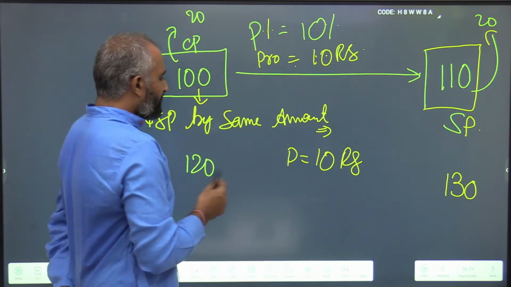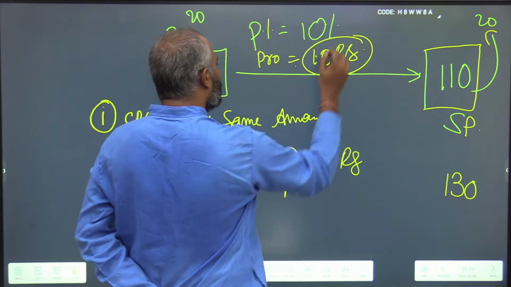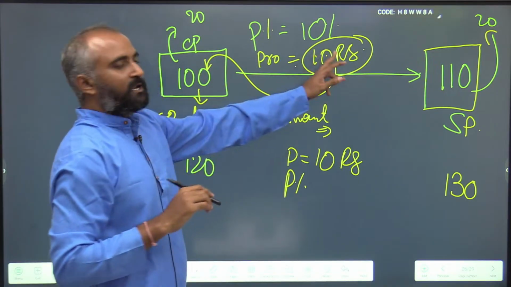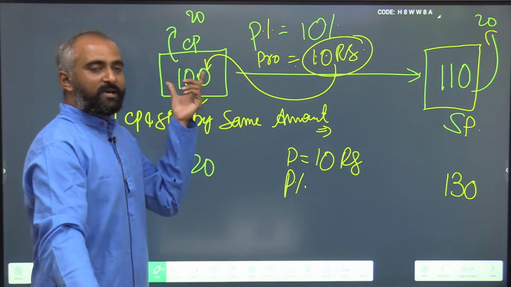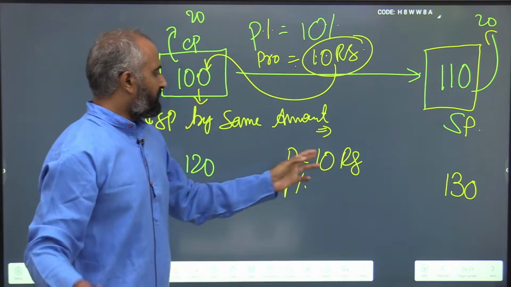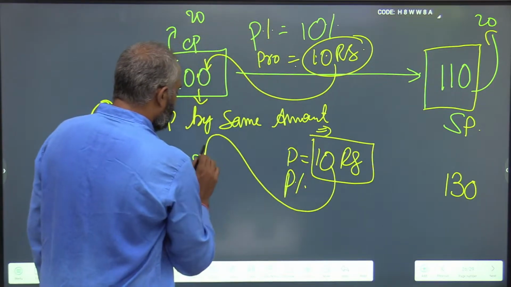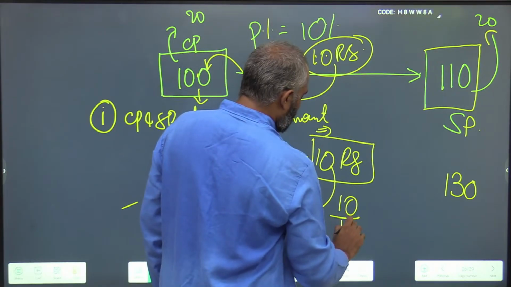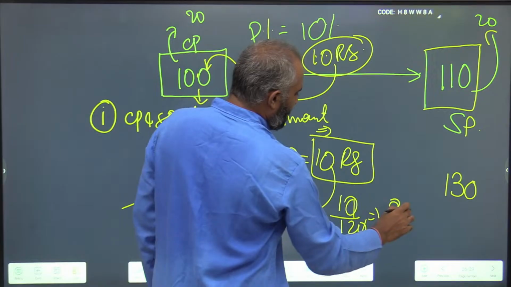The profit percentage. You see, this 10 rupees was on a base of 100 rupees. But the profit of 10 rupees that you are earning is now on a base of 120 rupees. So the profit percent will be 8.33%.